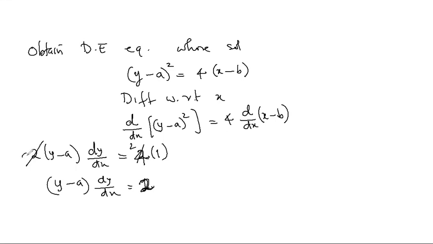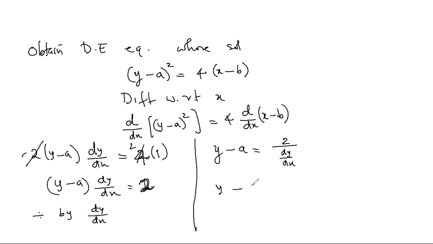So what should I do? Divide by dy by dx. If I divide by dy by dx, what will happen? y minus a is 2 upon dy by dx. y minus a is 2 times dy by dx raised to minus 1.